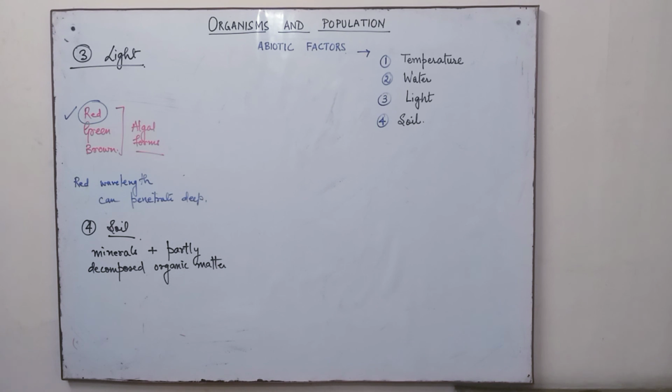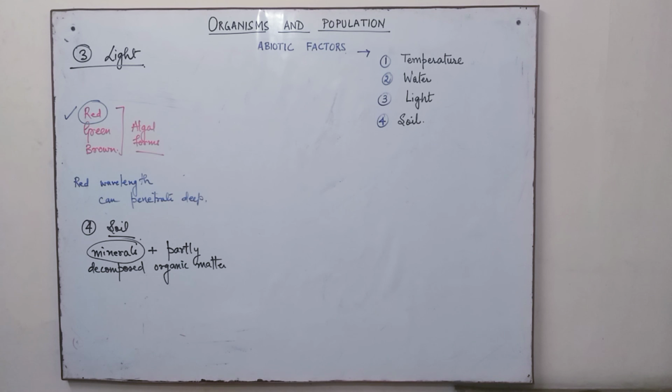Now, the type of the soil is determined by the nature of the minerals which are present in the soil. So these minerals decide which type of soil it is.